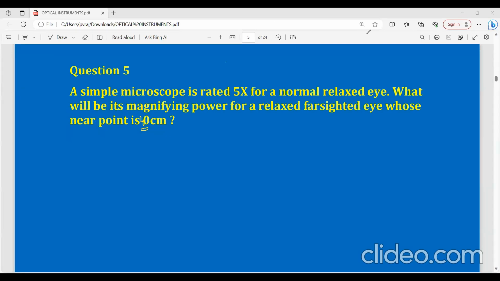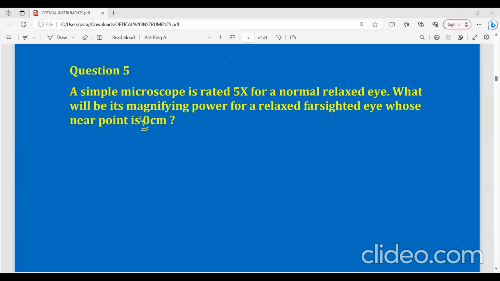One more simple question based on a simple microscope. A simple microscope is rated 5 times for a normal relaxed eye. What will be its magnifying power for a relaxed far-sighted eye whose near point is 40 centimeters? Okay, so see the first case.